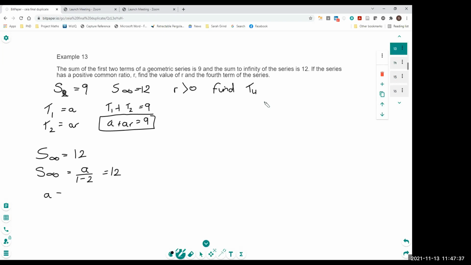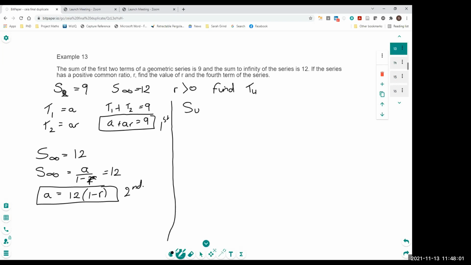So a is equal to 12 times 1 minus r, apologies. Again, another equation here: first equation, second equation. But in this case, we're going to do substitution.